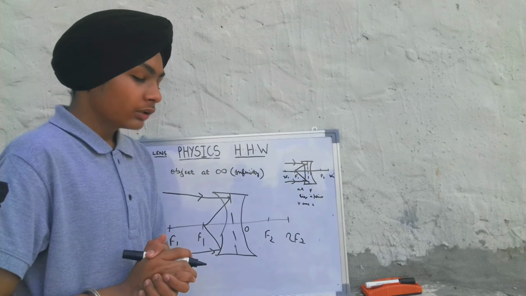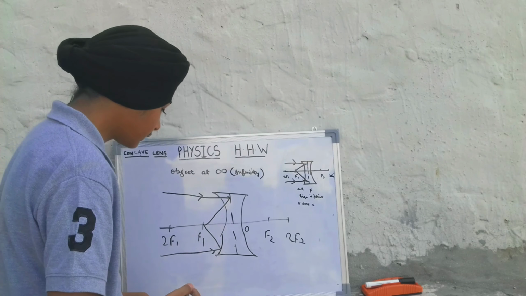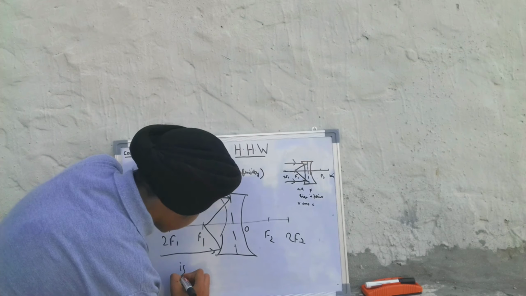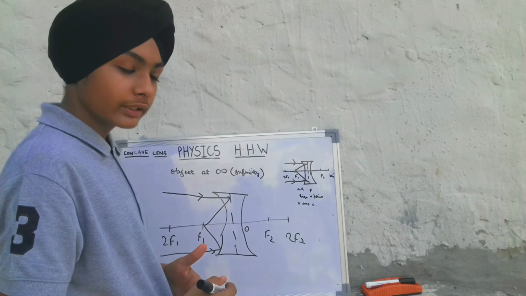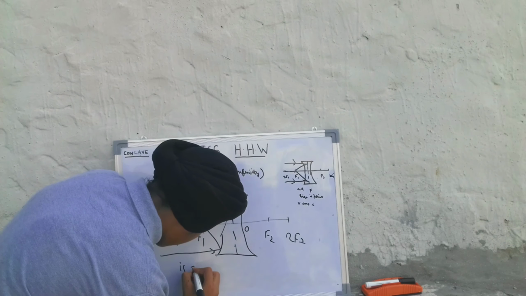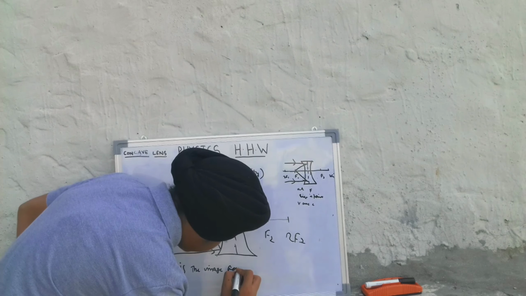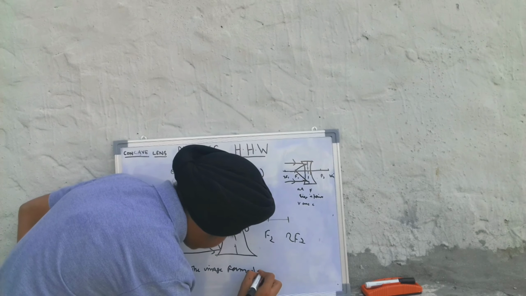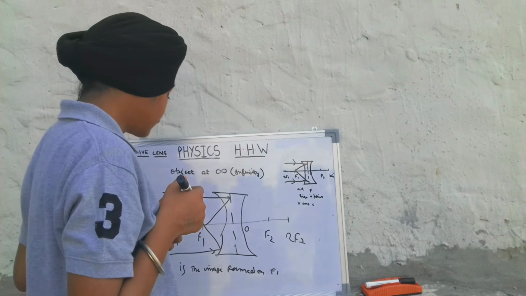The last three points about this lens are: the first is that the image is formed on the F1. Now we discuss the size.